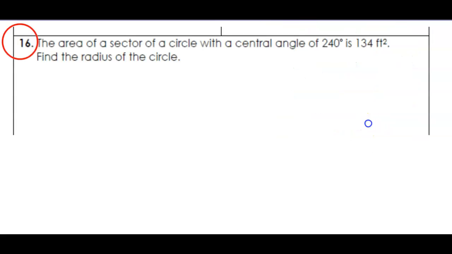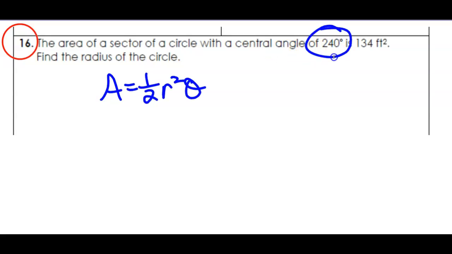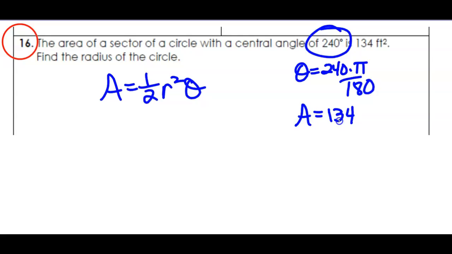All right, now I think we have to work one backwards. It says the area of a sector with a central angle of 240, which we're going to need to change to radians, is, the area is 134. Find the radius.